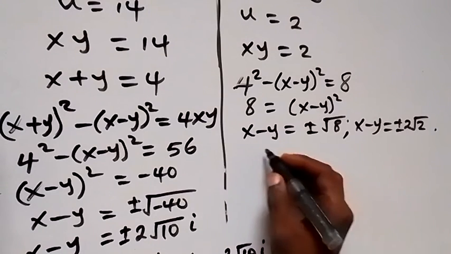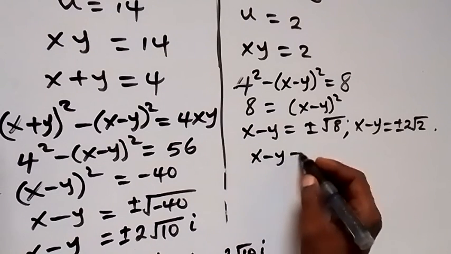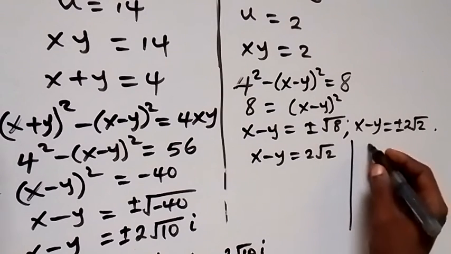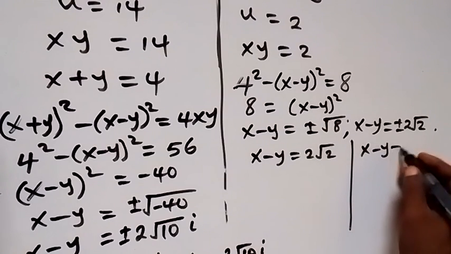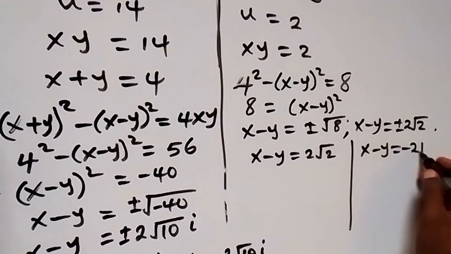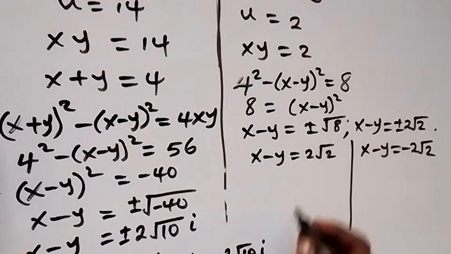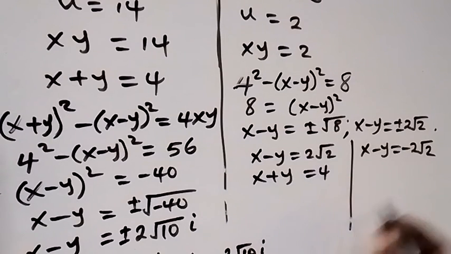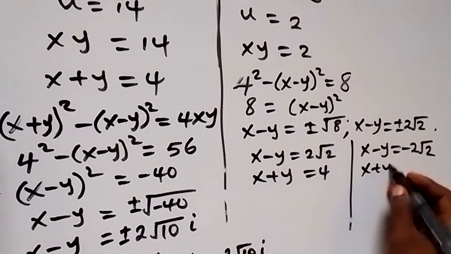The first is when x minus y equals 2 root 2, and the second is when x minus y equals minus 2 root 2. Then from here we can bring x plus y down, which is equal to 4, and also bring x plus y, which is equal to 4.